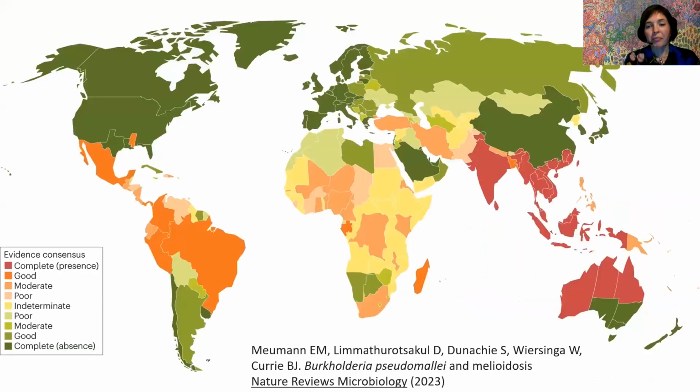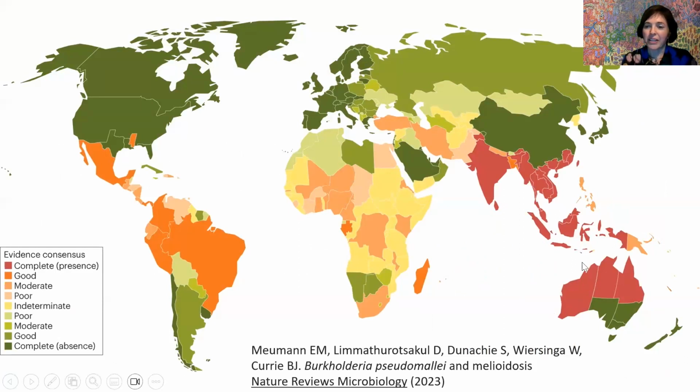This is a plot I've taken from Ella Moyman's beautiful paper in Nature Reviews Microbiology this year, which really tells you absolutely everything you need to know about melioidosis. It's a very comprehensive review paper. And this is an interesting map which shows the evidence consensus on whether the organism is demonstrated to be present or absent.